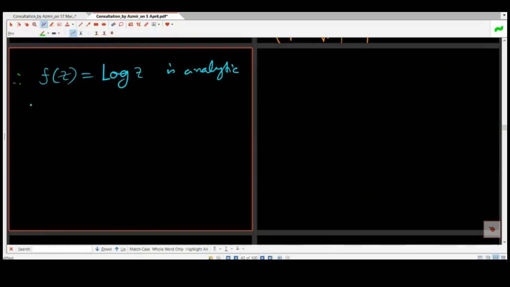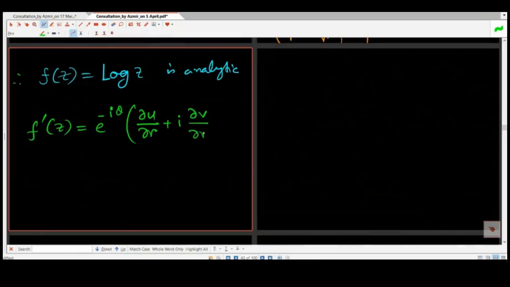That means this function is differentiable. So f prime of z equals e to the minus i theta times du dr plus i dv dr. This is our formula. If a function is analytic, then f prime of z, that is the first derivative, can be found this way.